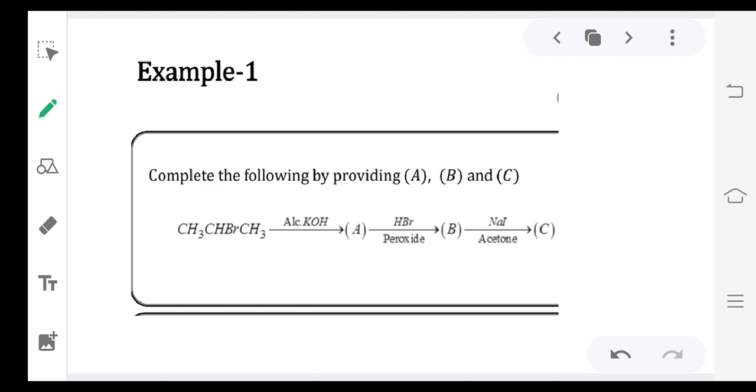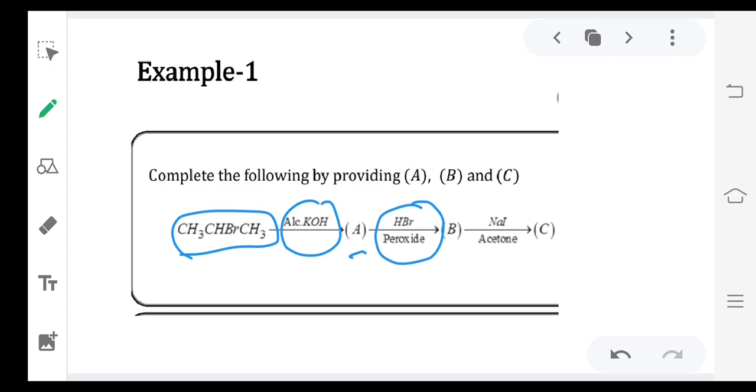So this is an example. CH3CHBrCH3 compound, we are using alcoholic KOH. When we use alcoholic KOH, what is the product? We will get an alkene, because dehydrohalogenation takes place. After that we are adding HBr in the presence of peroxide. When we add HBr in the presence of peroxide, anti-Markovnikov addition takes place.